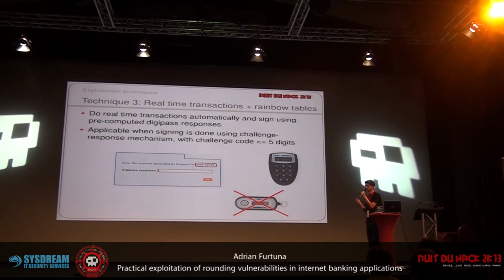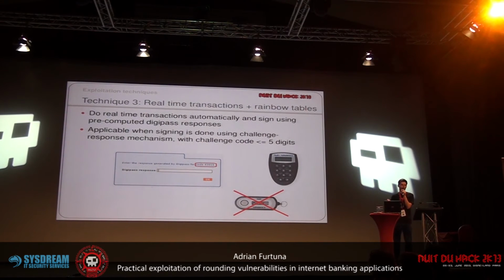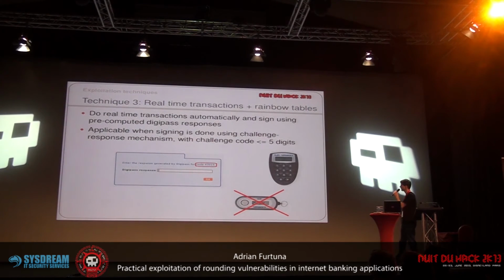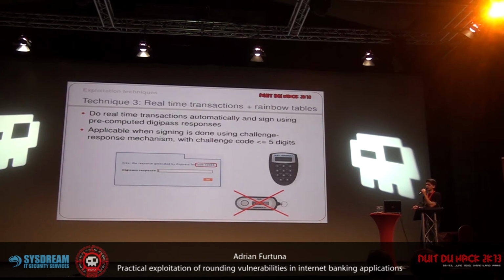So when you sign a transaction, the bank will give you a challenge code, and will ask you to input this challenge code into the digipass, press enter, and the digipass will give you a response. The response you have to put back in the application, and the application verifies it in order to sign the transaction, right? Okay, but did you know that this digipass device generates every time the same response for the same input code?